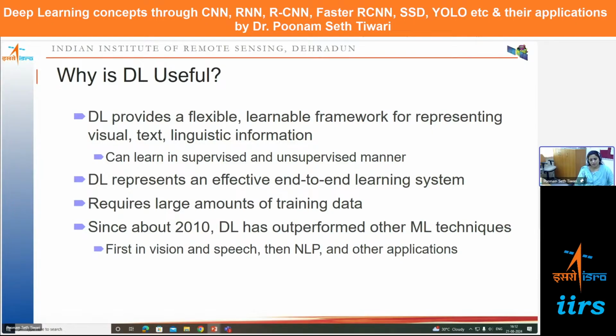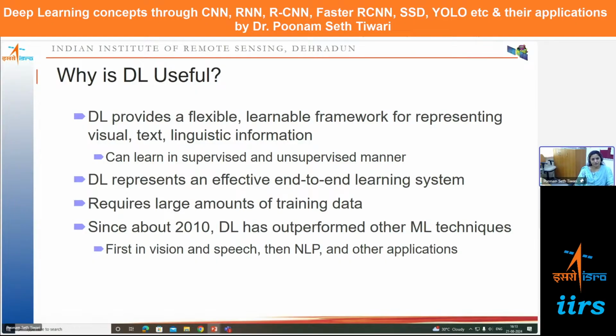So nowadays you must be knowing that we have a large amount of data. So a data blast is happening. Some 15, 20 years back, getting high resolution satellite imagery was so difficult. Nowadays, so many images are available, and that too at such a limited cost. So many satellites are there, so much data is available.